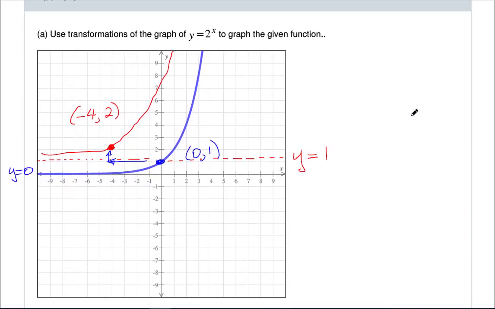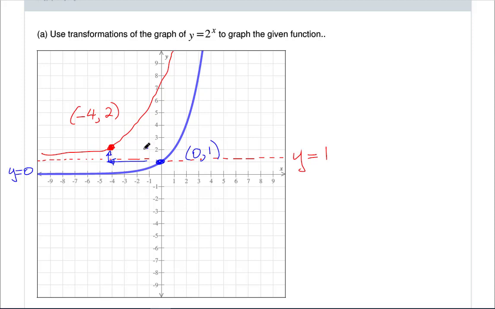All right, so let's see our graph. Used to be at 0, 1. I'm going left and then up. So let's see. We're at 0, 1. We go left by 4. So that's minus 4, up by 1. Okay, so it used to be at 1.